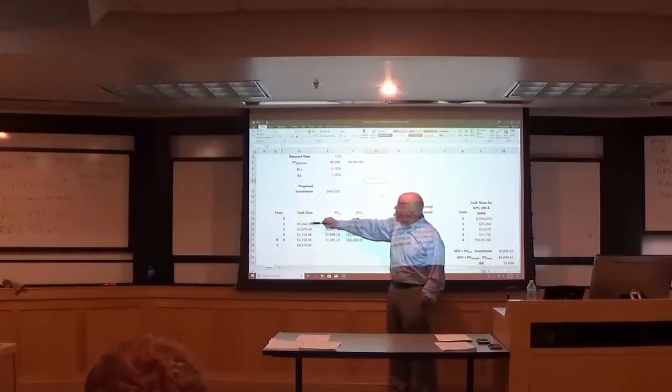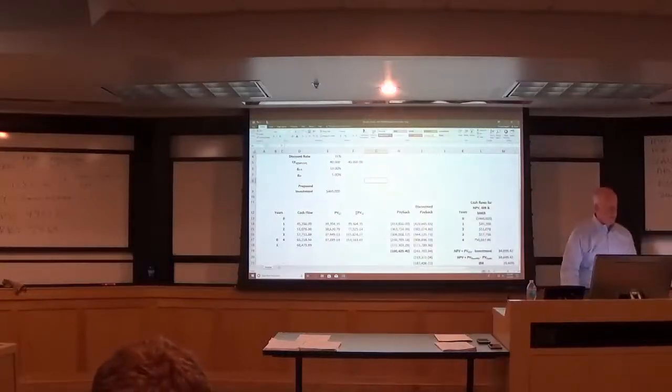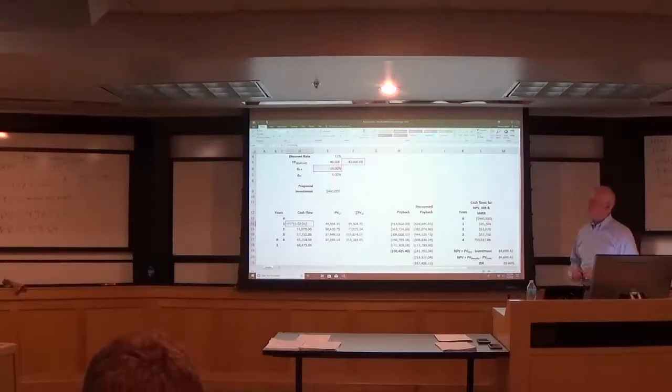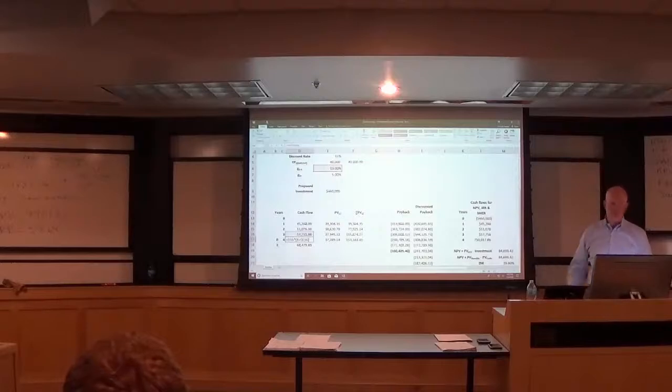It puts in here the cash flow of 40,000 times 1.13. And then for the next year, since I said for the first 4 it grows at 13%, it does the same thing, and the same thing, and the same thing. Expands it at 13%, just exactly as we've suggested in our model.